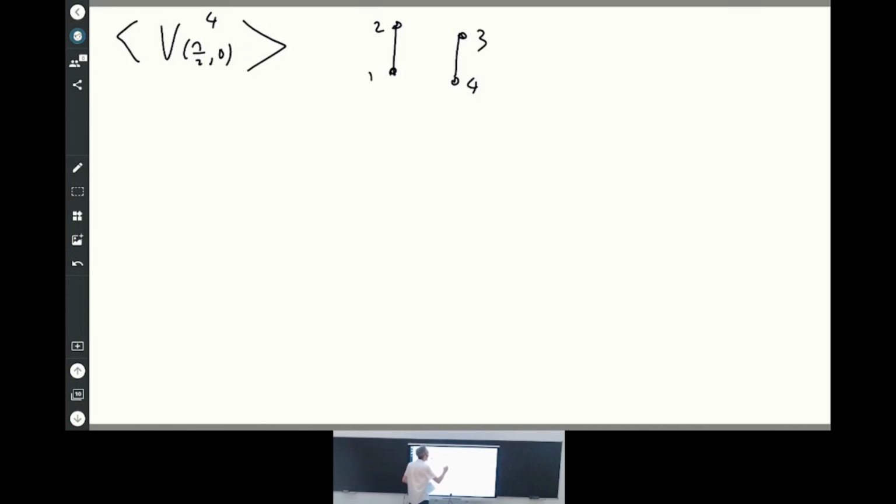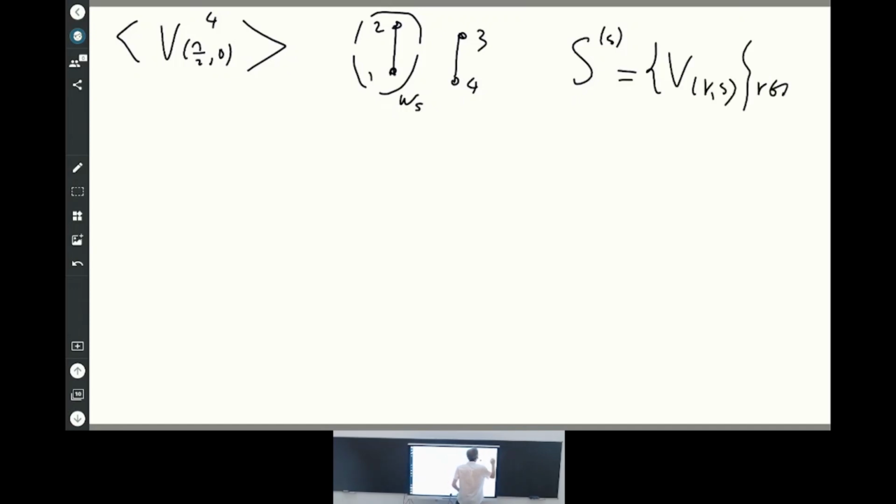So we have here an S channel loop of weight Ws, which means that the S channel spectrum is just the V_RS union, well, you need some diagonal fields, so all the V_P plus J beta inverse.